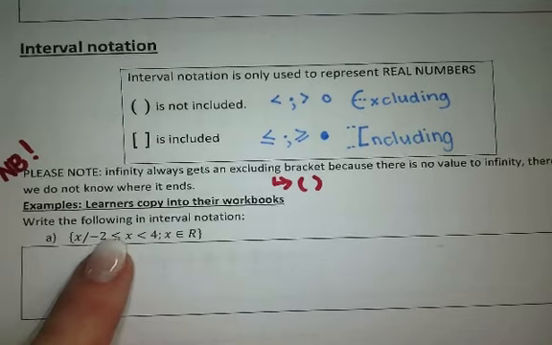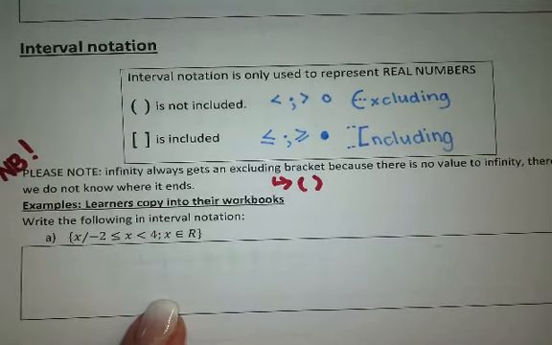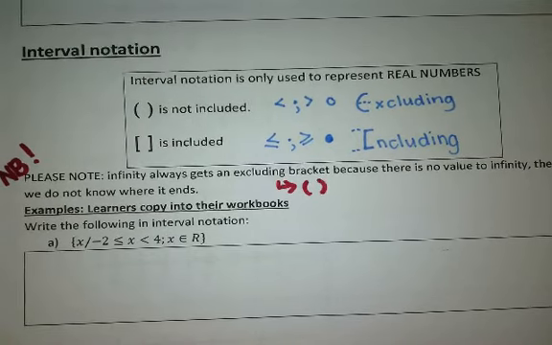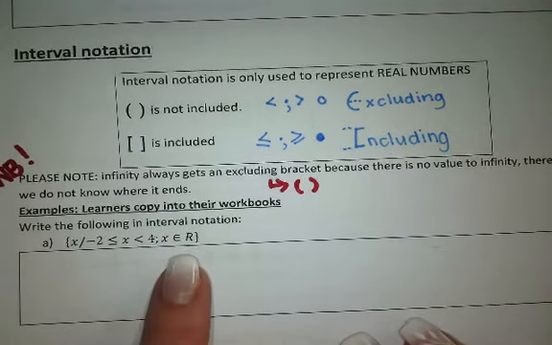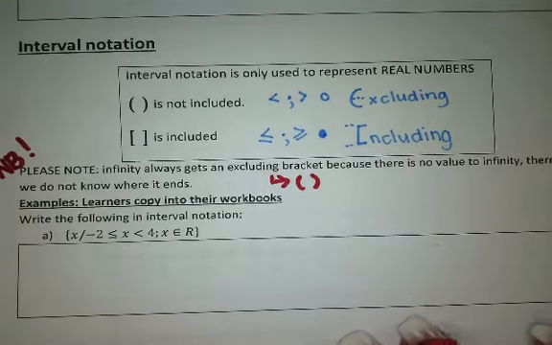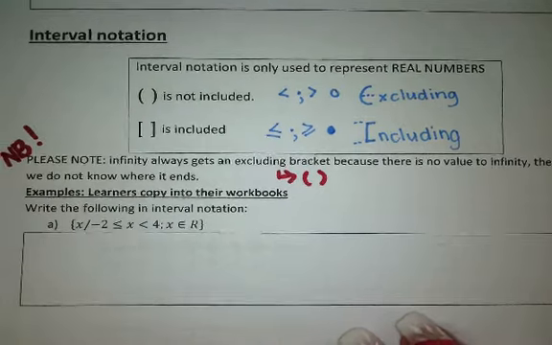If they ask you to represent the set builder notation in interval notation, it's always going to be x is an element of real numbers. You cannot represent interval notation for any other number within the number system other than real numbers. So if it said x is an element of whole numbers, you can't represent it in interval notation. Only real.